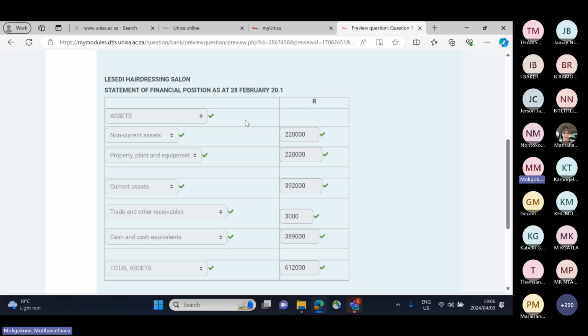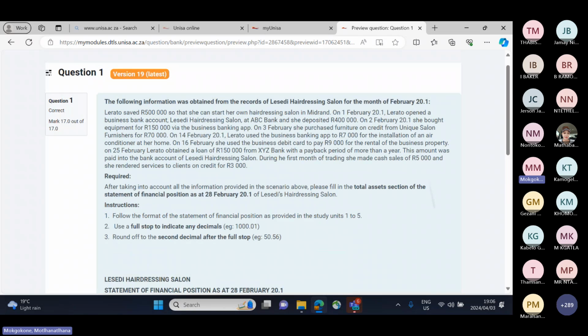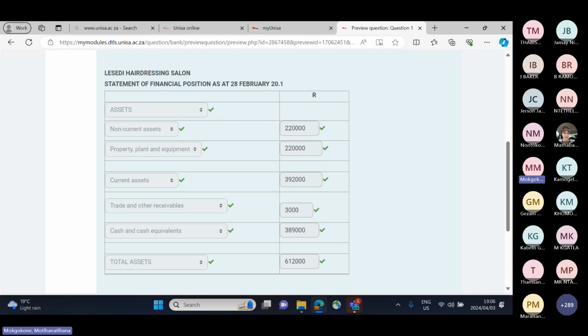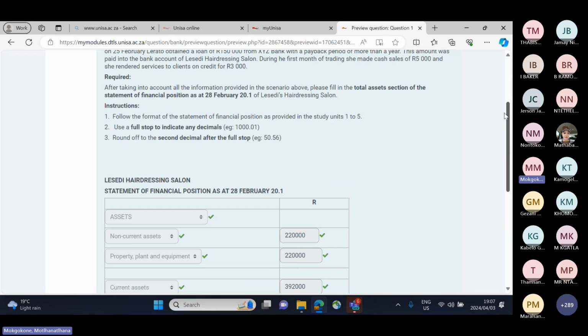Then you must define what is non-current assets and what is current assets. Then you'll get the question correct, because to me it was an easy 17 marks in your assessments, because it was not difficult. But students struggled with this question. I don't know why, because we went through this type of questions in our class when we did study unit 1 to 4.